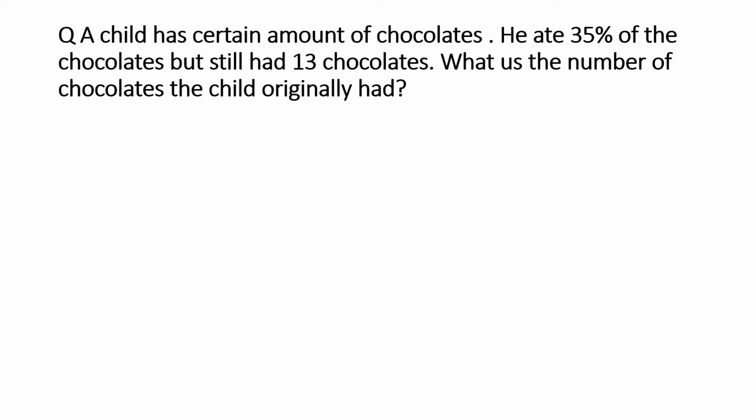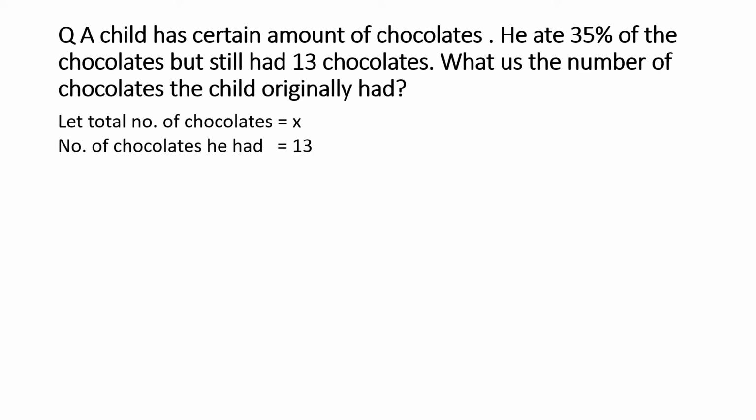Now, in this question, we are not given the total number of chocolates the child had, but if he ate 35% of the chocolates, he still had 13 chocolates with him. Let the original total number of chocolates he had be X. Now, the number of chocolates he ate and the number of chocolates he had, these two things are given to you.